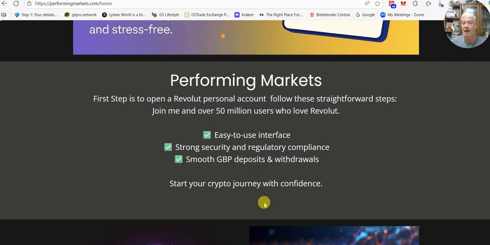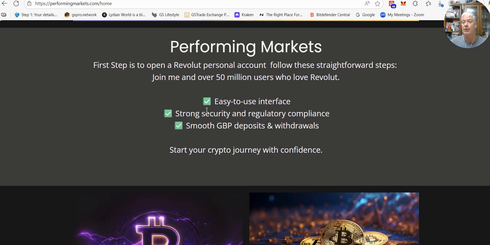Also I tell you how to create a Revolut account where you can start purchasing Bitcoin or Ethereum in small quantities, something called dollar cost averaging, meaning you buy a little bit over a 3, 4, 5 year period, but you do it consistently. And on Revolut, you can do an auto purchase every month. So this is very, very powerful.